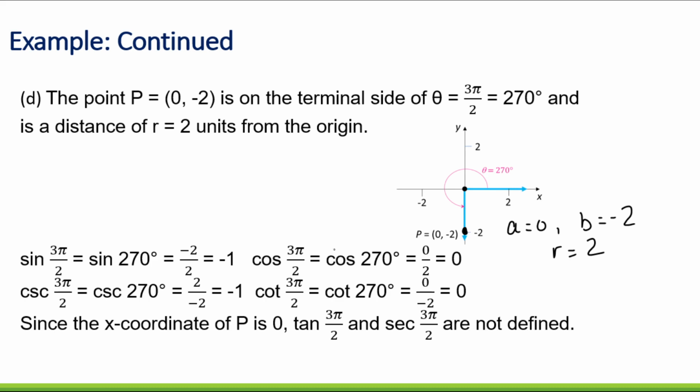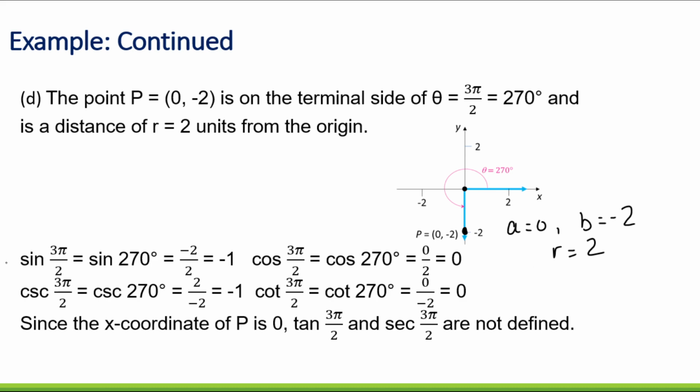Cosine is 0 over 2, which is 0. Cosecant is the reciprocal of sine. 2 divided by -2 is -1. The reciprocal of cosine, which is secant, would be 2 over 0. That is not defined. And the reciprocal of cotangent is tangent. The reciprocal of 0 over 2 is -2 over 0, and that is also not defined.